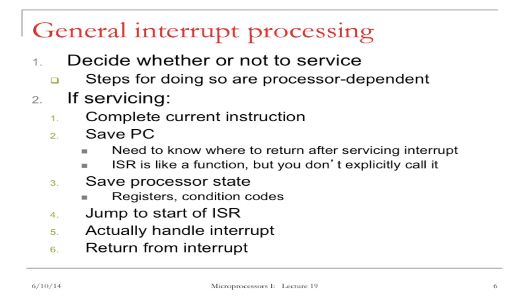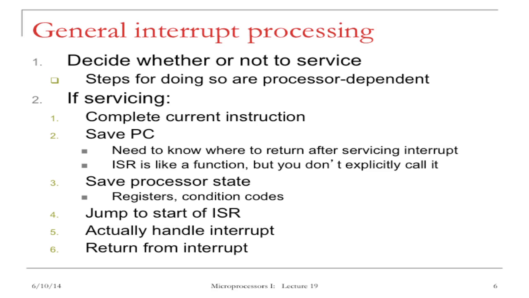If it is decided that the interrupt service routine has to provide a response to the hardware, it will complete the current instruction. It will save the program counter, PC. This is because once the interrupt service routine is completed, the microprocessor needs to know where to return. In a sense, the ISR is like a function, but you don't explicitly call this function.